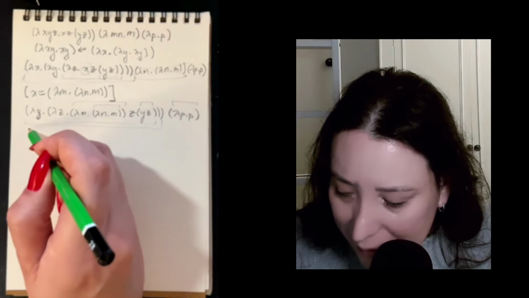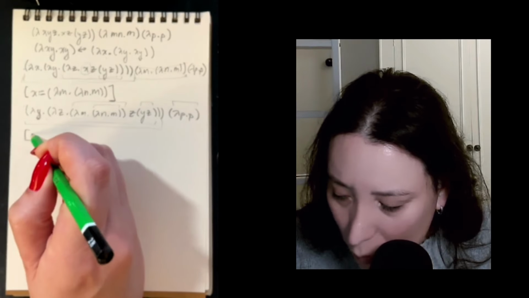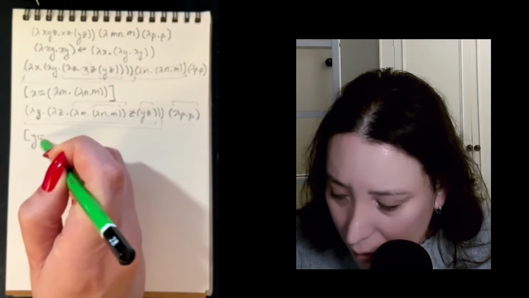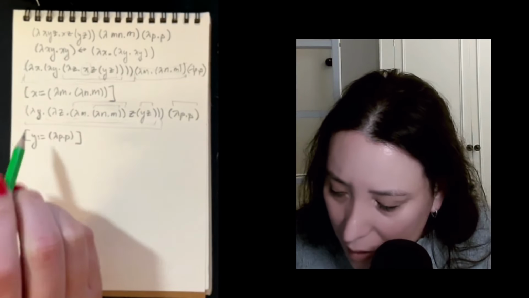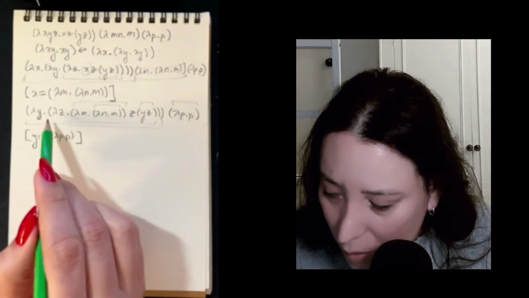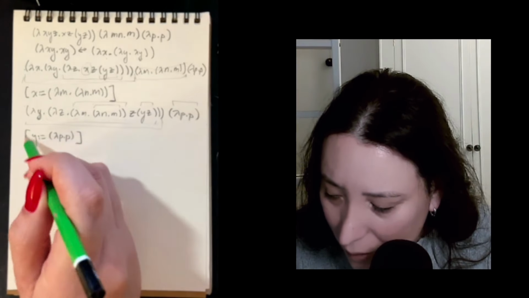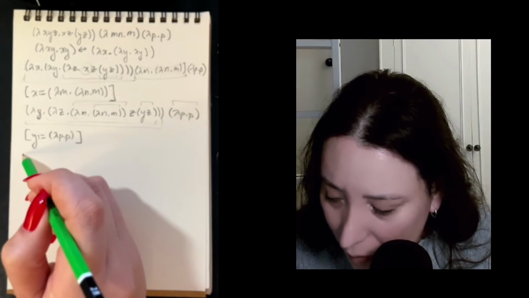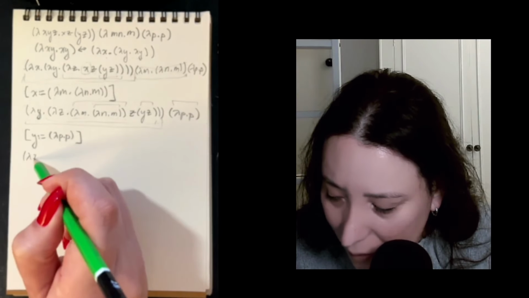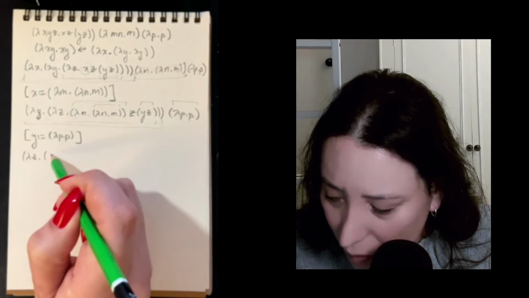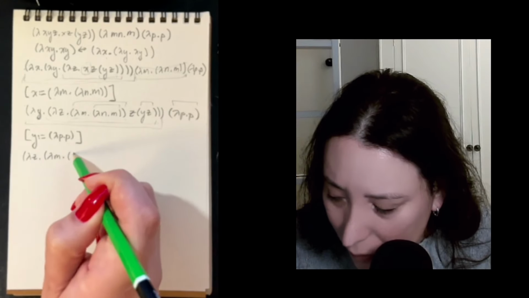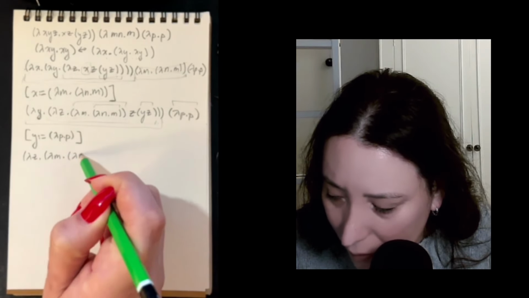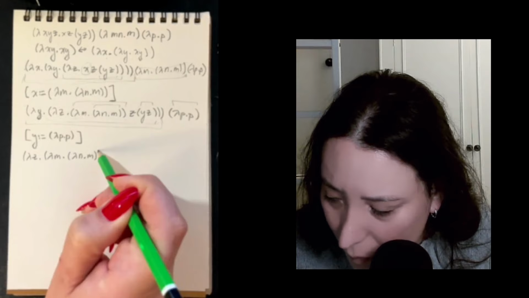So we're going to assign y to this expression, the identity function. So now we're going to substitute. We got rid of the y, and we have z dot m dot lambda n dot m.